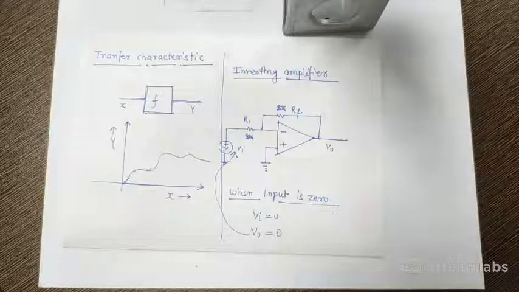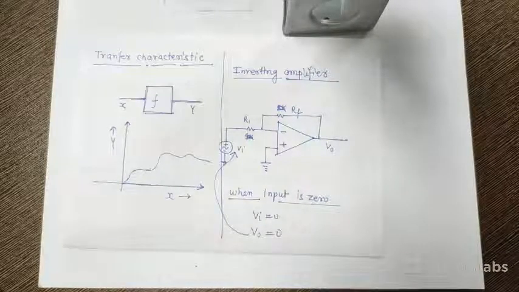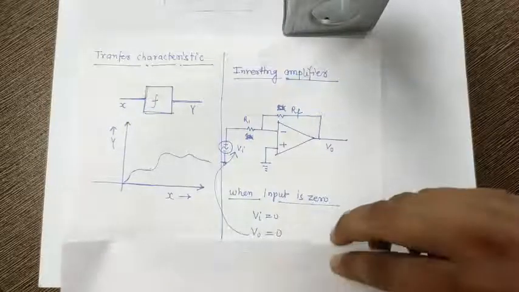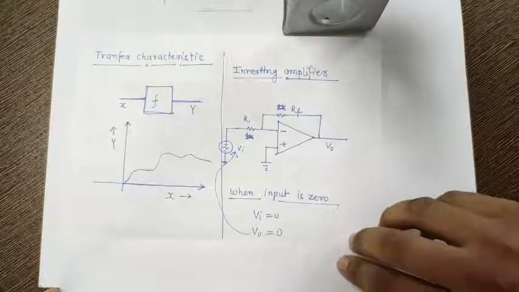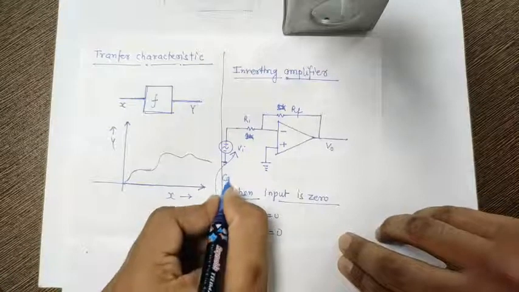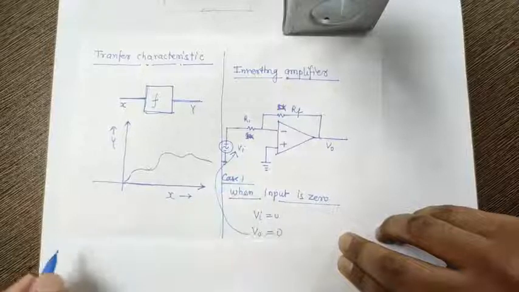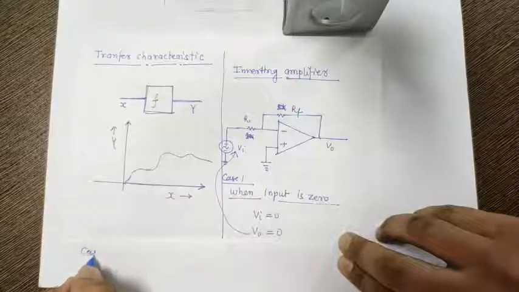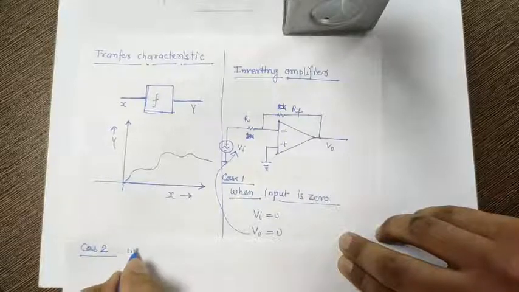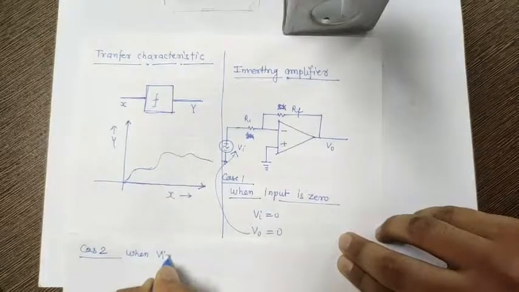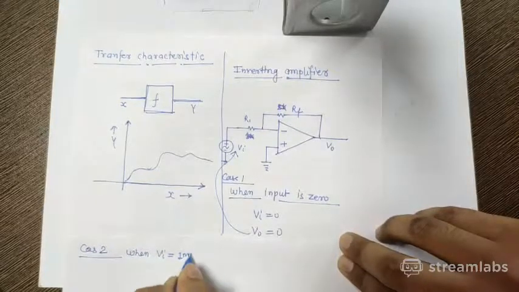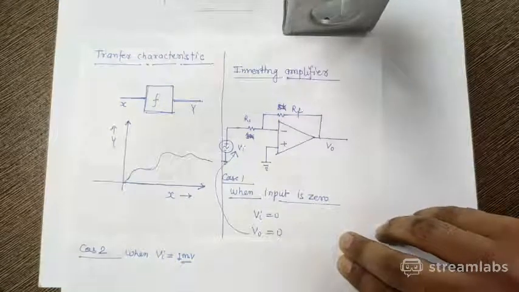But if I increase the value of input, suppose I take case 2, when Vi is equal to, suppose, 1 millivolt, a little plus, then what will come?